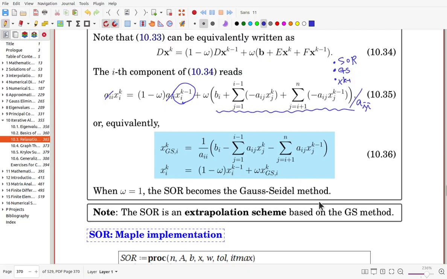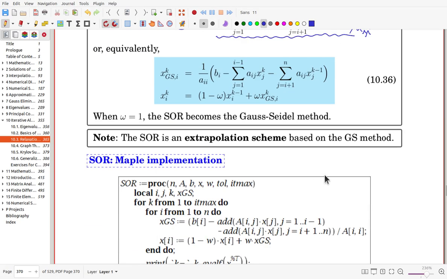So the reason this extrapolation is working better is here. And in most cases, the algorithm is monotonic. Okay, I'll explain the algorithm properties.